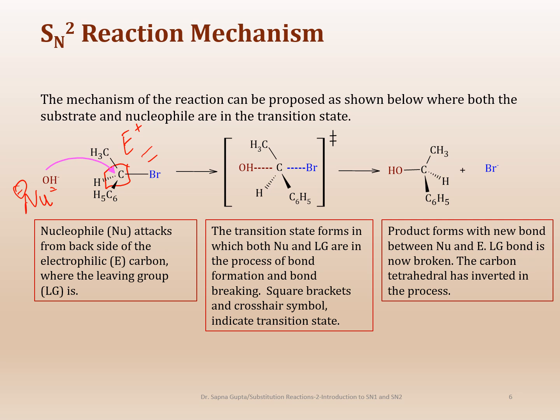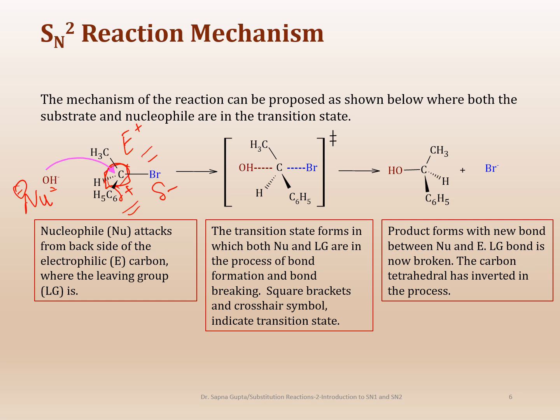Because bromine here is more electronegative, and it's just slightly more electronegative, but that's enough for it to cause a charge distribution. So this carbon becomes a little bit of delta positive. All right, and so that's the electrophile. That is why you don't see the attack anywhere else on the substrate. You see it only on the carbon that has the leaving group, okay, because that is the electrophilic carbon.